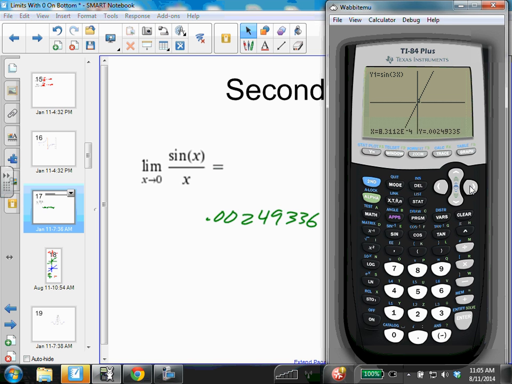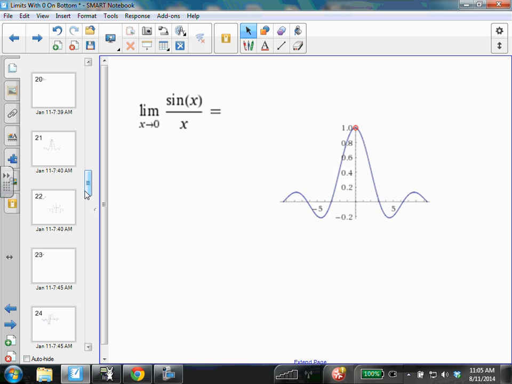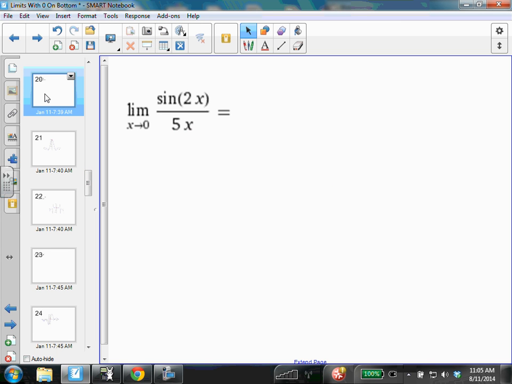What number were we really close to? Our x value was really close to what? 0, right? The x value has to be really close to 0 in order for that to work. So now I ask, what is this? Hang on. Go ahead and write it down.